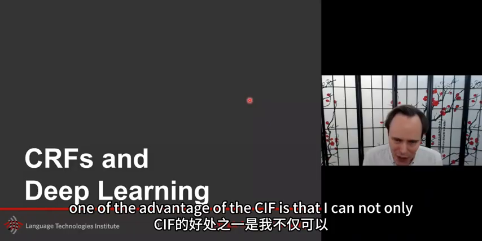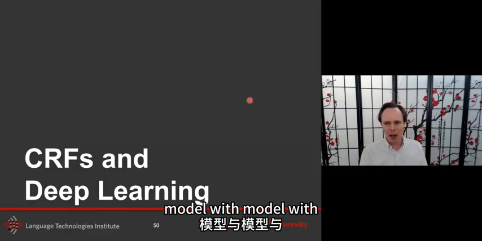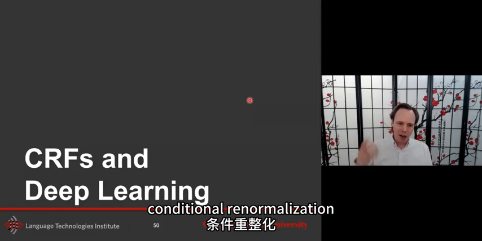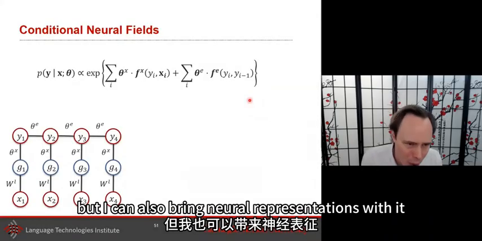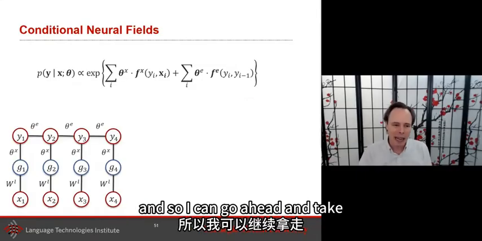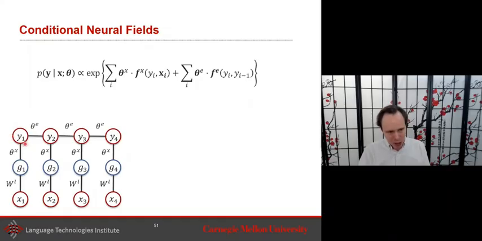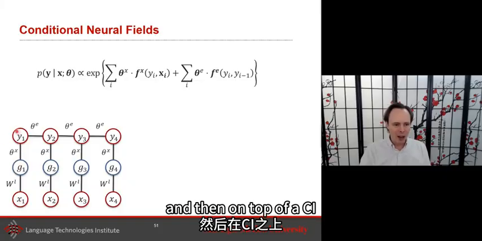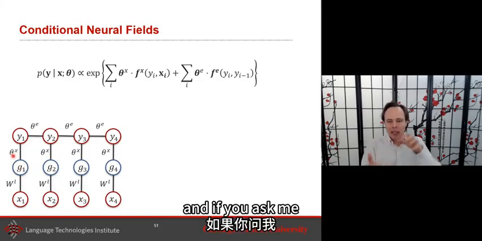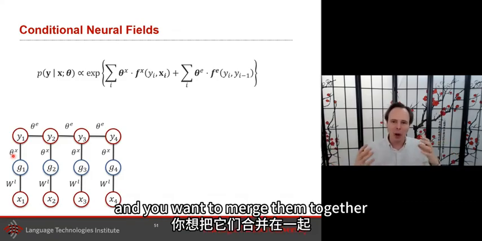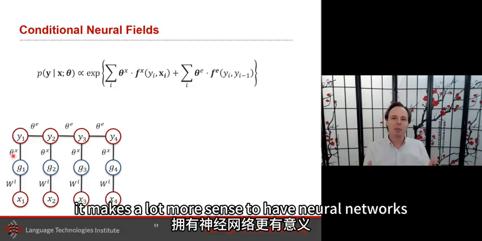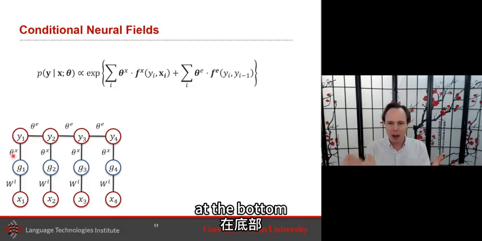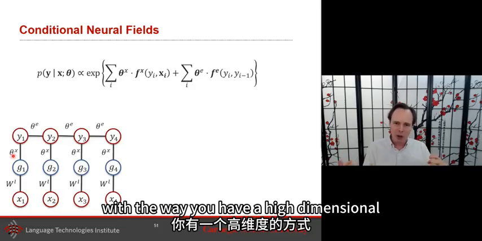One of the advantages of the CRF is that I can not only model with a conditional random field, but I can also bring neural representations with it. And so I can take my input representation, use a neural network, and then on top of it a CRF. If you ask me, if you have CRF and neural networks and you want to merge them together, it makes a lot more sense to have neural networks at the bottom where you have high dimensional input.